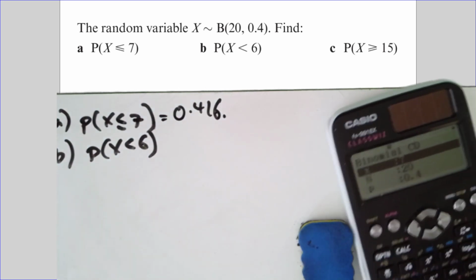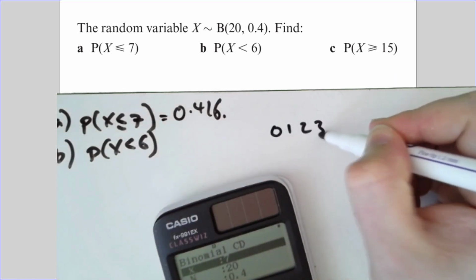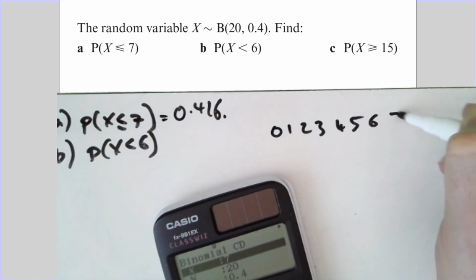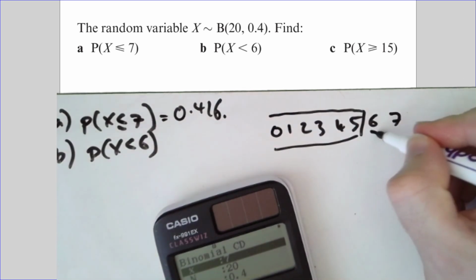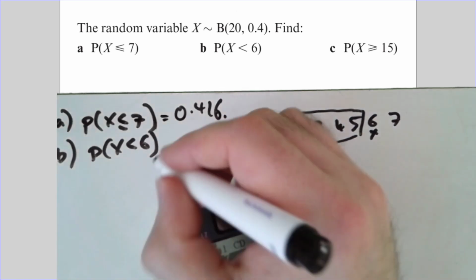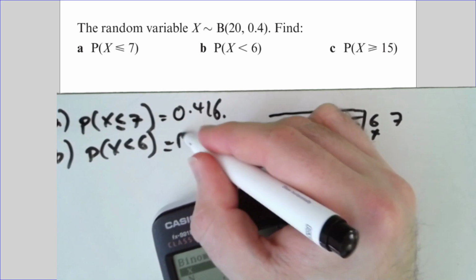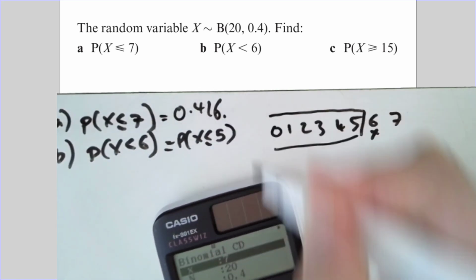If we were to write out the numbers we're using, this is 0, 1, 2, 3, 4, 5, 6, 7. We want these numbers here. We do not want 6 because there's no equals on this. So we're going to write equals probability x is less than or equal to 5.